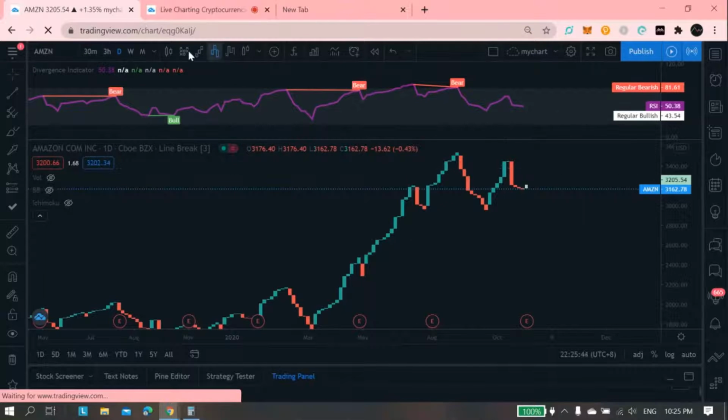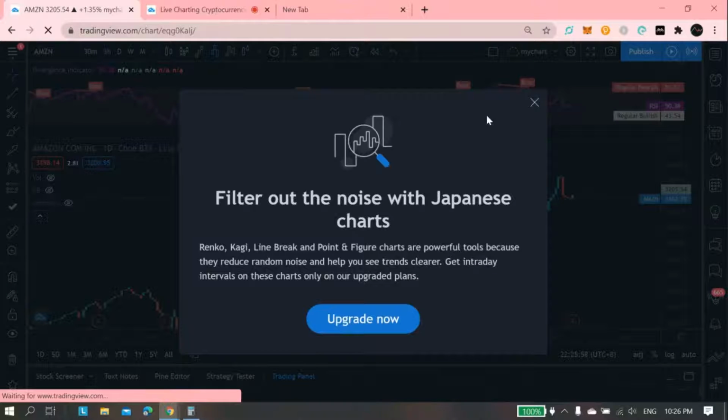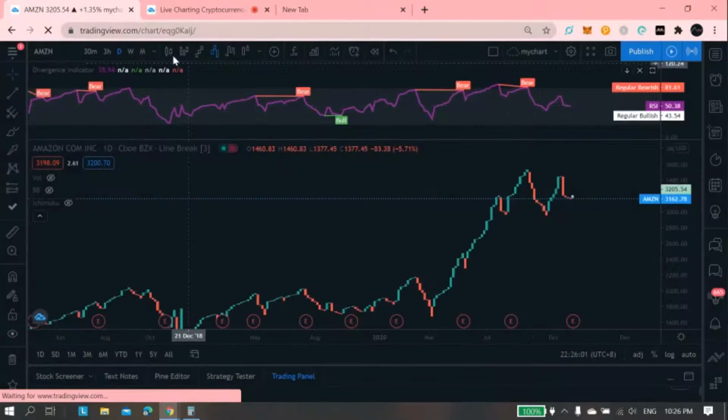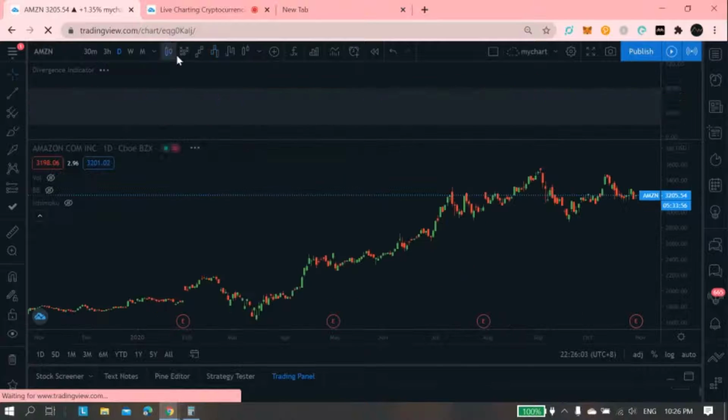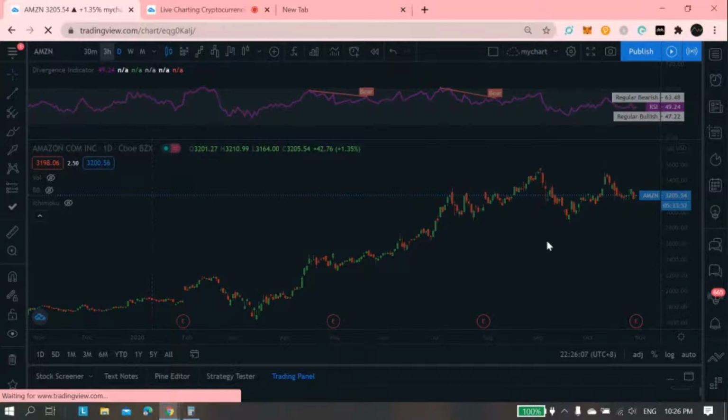So on Renko, there's a possible bullish. This one, candles at support. Anyway, let's look at this on the 3 hours using the candlestick, because I cannot use a lower time frame with this one. So let's look at the 3 hours.